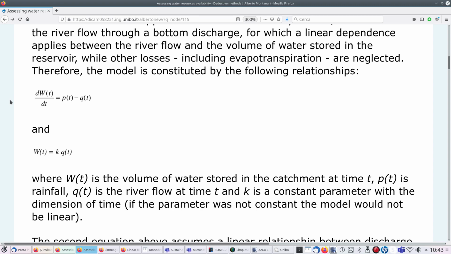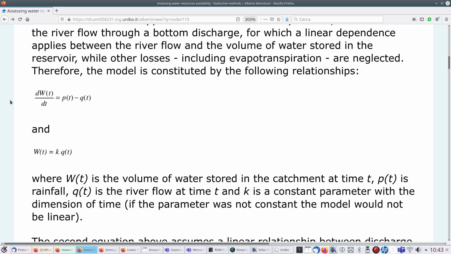Usually we get a bit concerned as engineers when we see differential equations, and we don't have to be concerned, actually. We absolutely don't have to be, because a differential equation is nothing else than an equation that, instead of describing the variable, describes the increments of the variable.